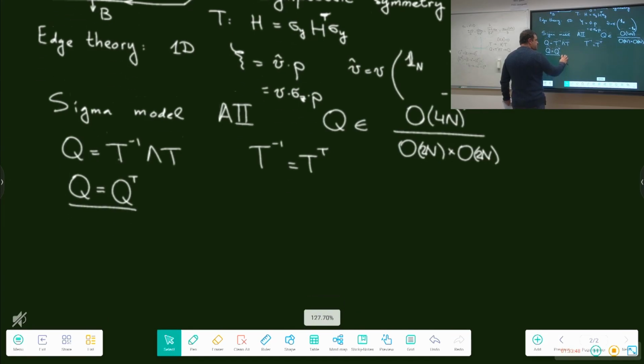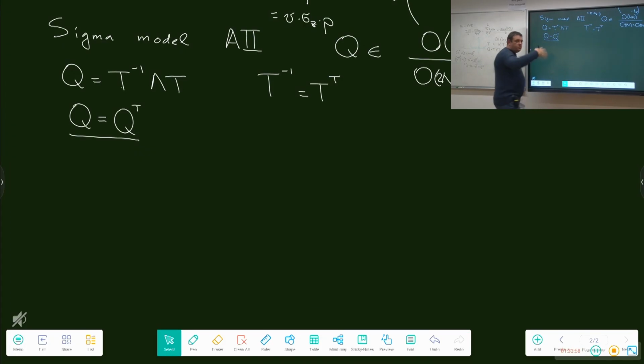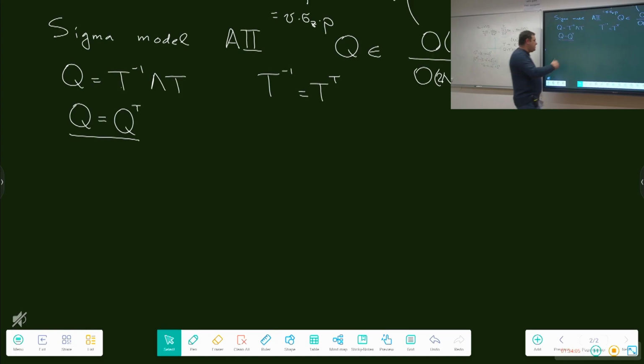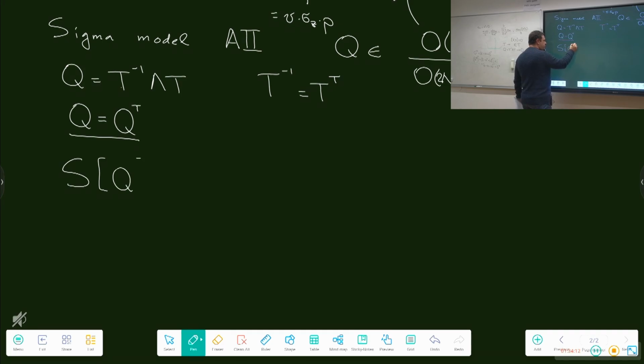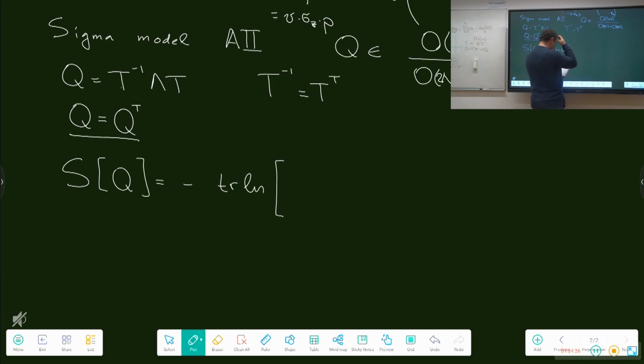How do we derive this sigma model? Actually, we never did. That's why I'm not allowed to ask you how to derive the sigma model, but I can tell you that we can do all the same steps, going from the Hamiltonian, disorder, decoupling, and then we arrive at this expression: S of Q equals, guess what, minus trace logarithm of epsilon plus iV d/dx plus iQ over 2 tau.